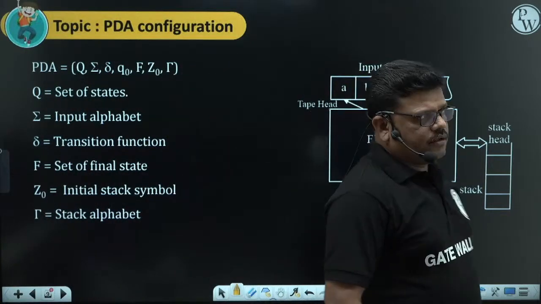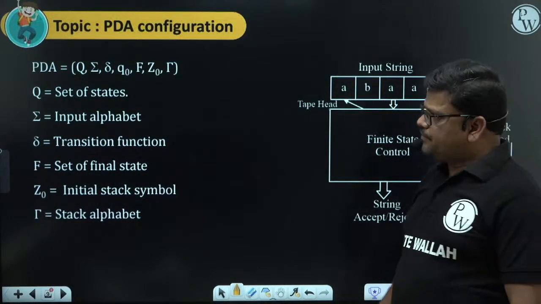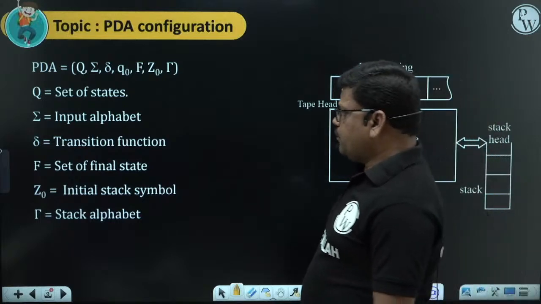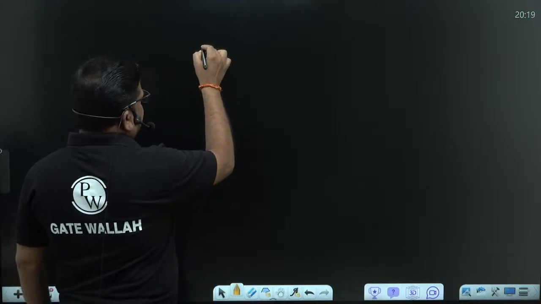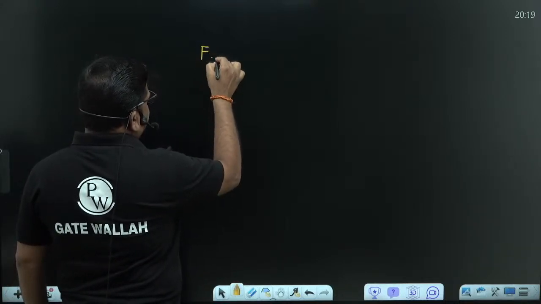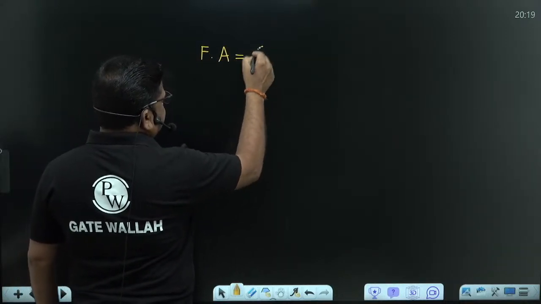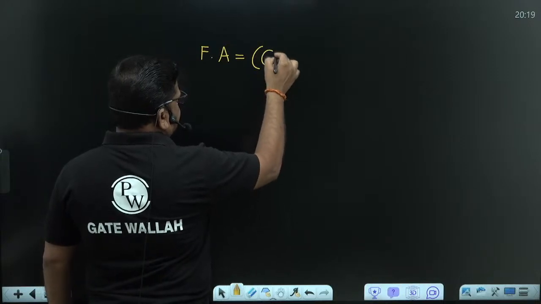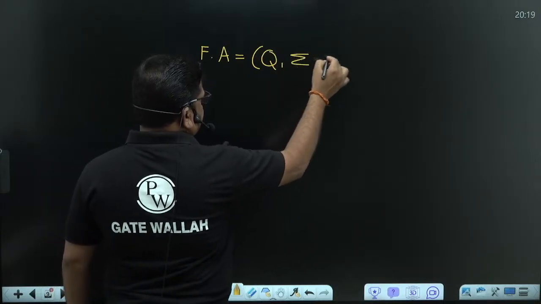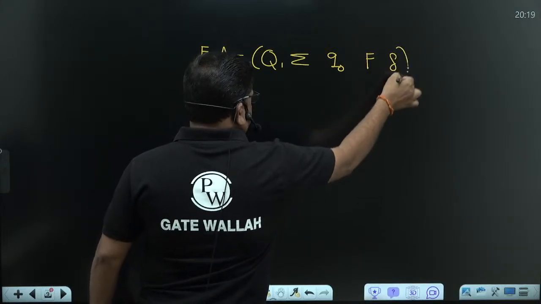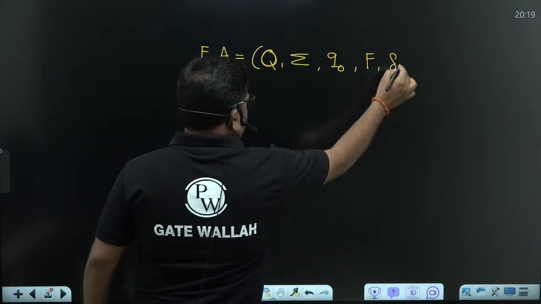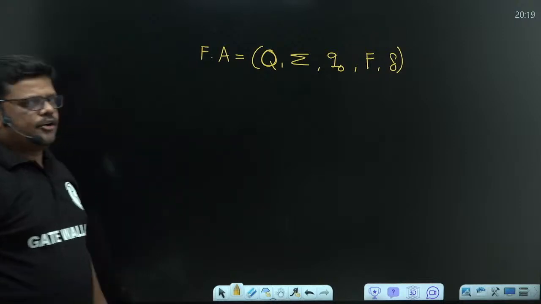Configuration or formal definition. We studied the formal definition of finite automata. For DFA or any finite automata, we studied it as a 5 tuple. This is the definition of finite automata, 5 tuples.